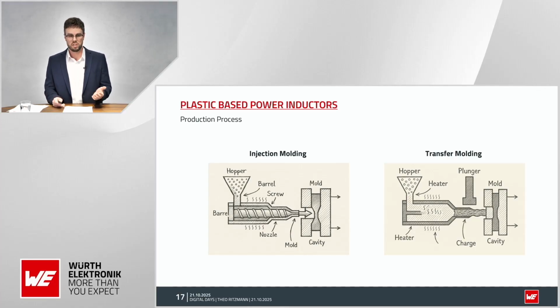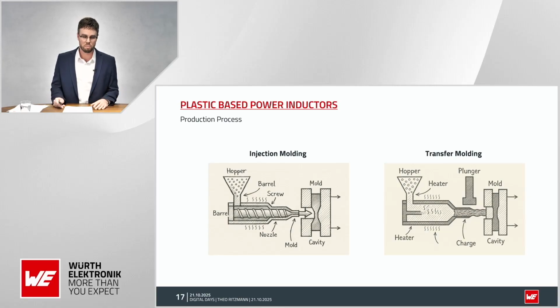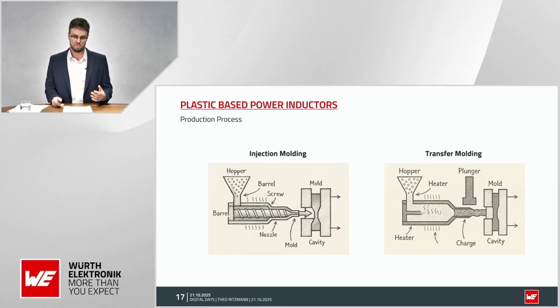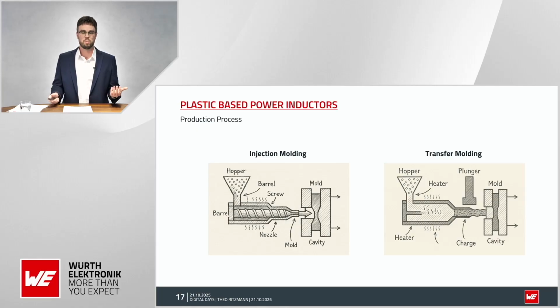So here are two typical plastic production processes. And the benefit of these processes is that we could also cover this other limitation, which is the pressure topic, because we can get some cracks inside of the component or internal damage when the pressure is too high. And with the plastic processes, the pressure is pretty low.